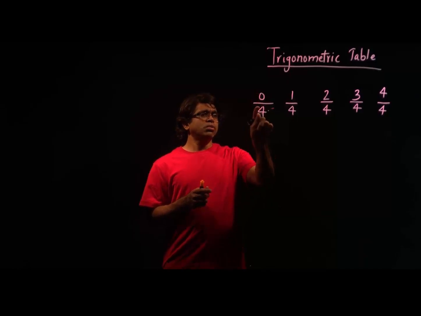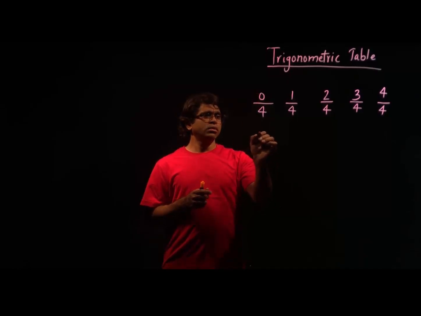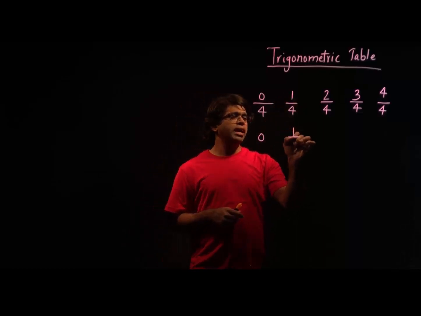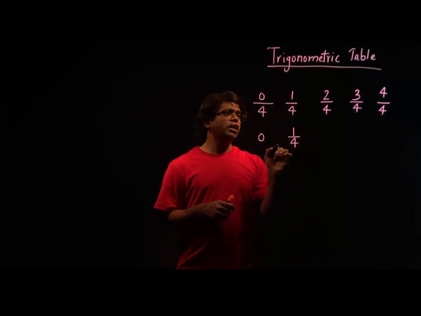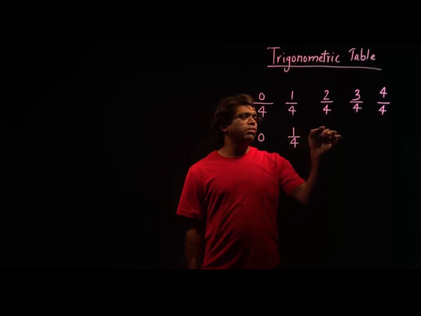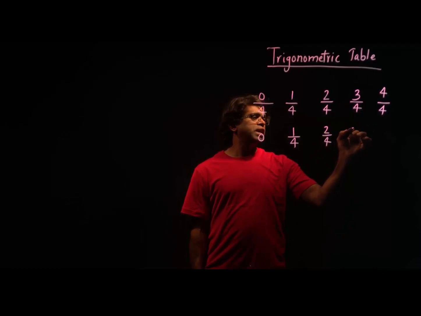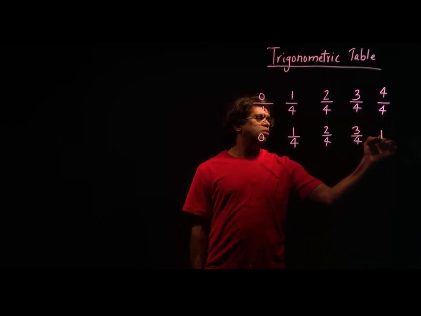So 0 over 4 is 0. 1 over 4, I'm going to keep it like that. I will not convert it to decimal. 2 over 4, I will keep it like that too. 3 over 4 is again 3 over 4, and then 4 over 4 is 1.